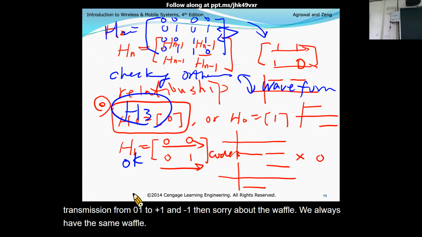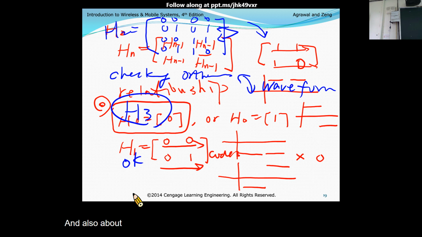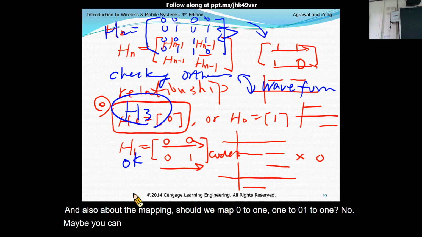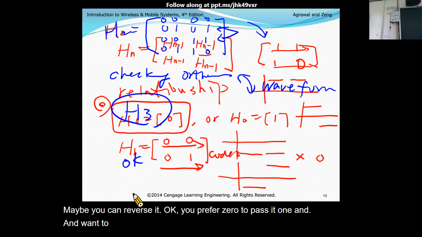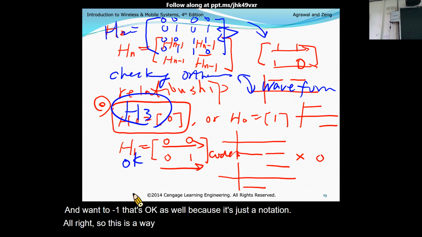About the mapping, should we map 0 to 1 and 1 to minus 1? Maybe you can reverse it. Oh, okay, you prefer 0 to positive 1 and 1 to minus 1. That's okay as well because it's just a notation. All right, so this is a way to construct, for example, Walsh codes.